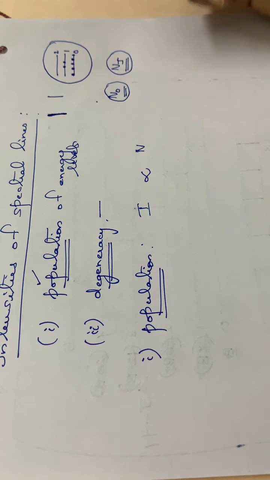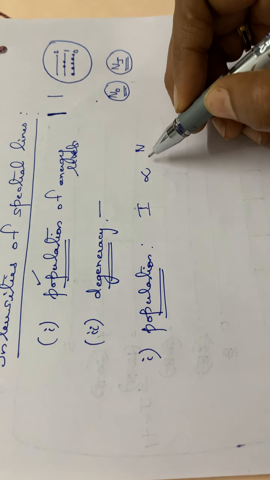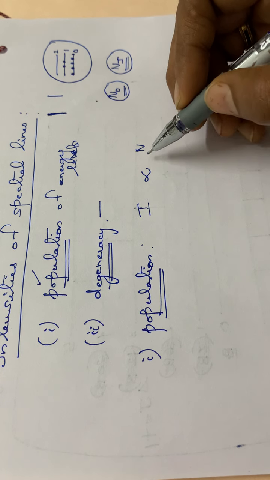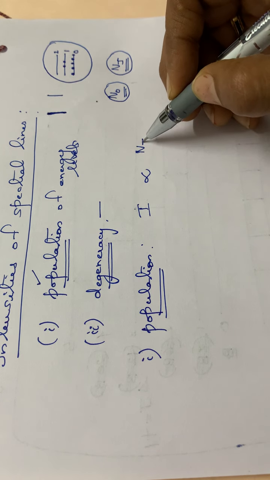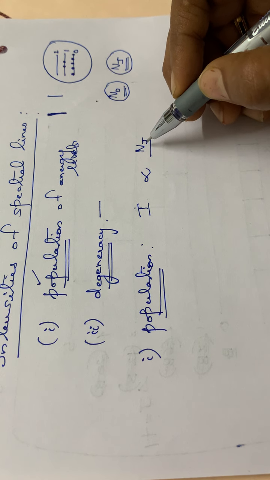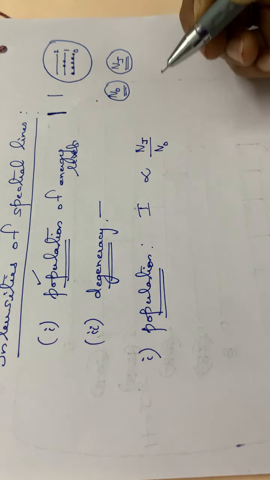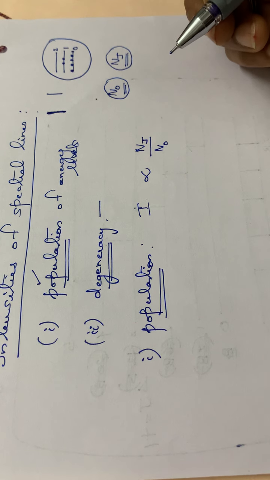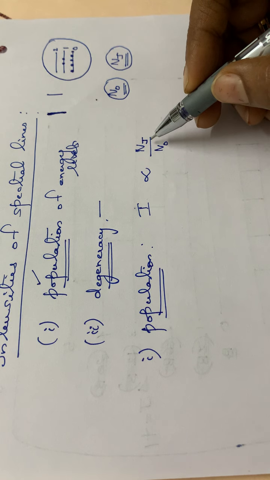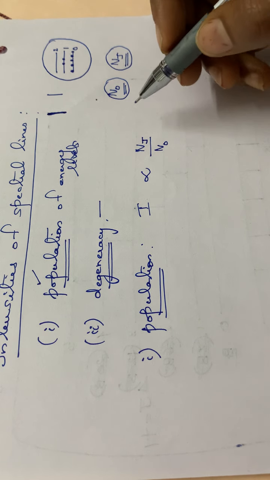Then we can represent it as I, the intensity, which is directly proportional to the ratio of the number of molecules in the higher energy state to the number of molecules in the ground state or the lower energy state. Therefore we can write I is directly proportional to Nj by N0.